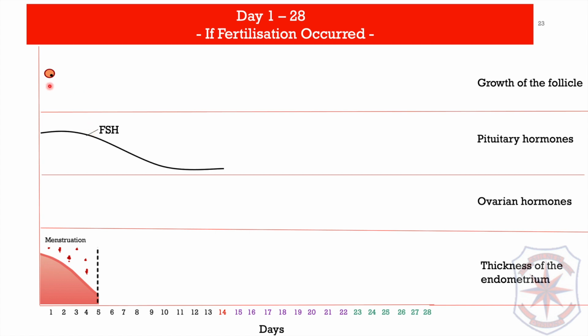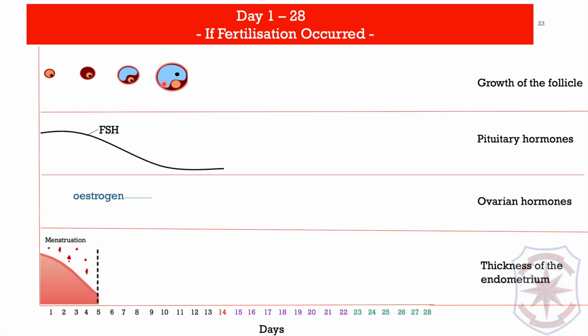Here we have a primary follicle, and then as days go by, the follicle grows bigger and bigger and bigger. And the more it grows, we say that it secretes estrogen. All right? So we expect that estrogen, because, let's go back, because the follicle started being small, the smaller it is, the less estrogen it produces.